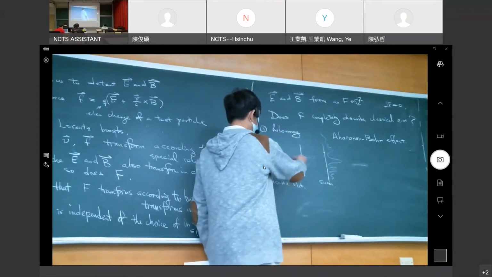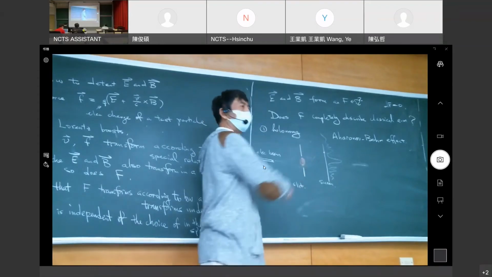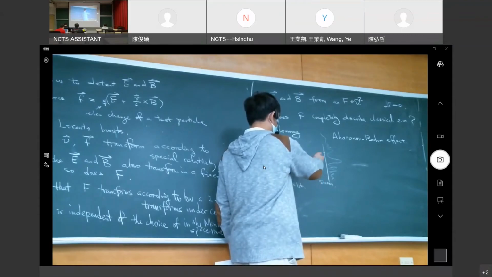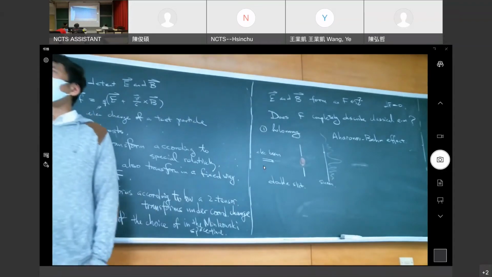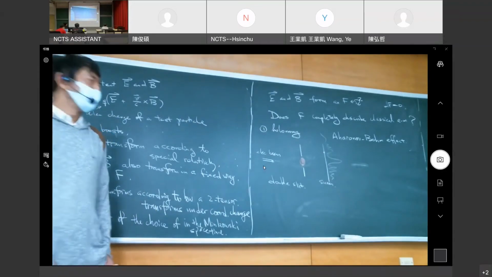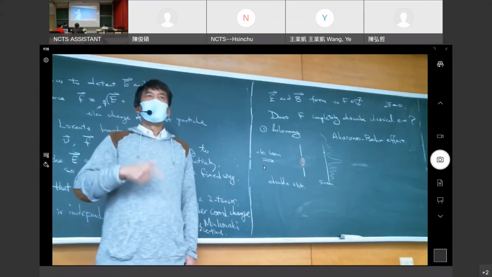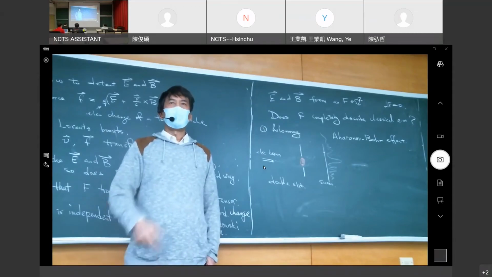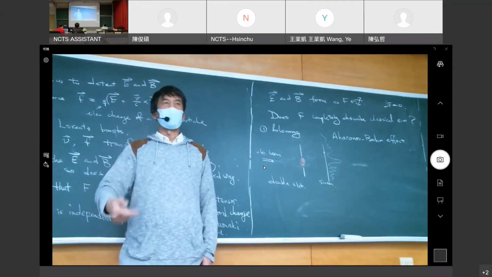originally, the electron cannot enter this region anyway because we already obstructed this part. Right? Classically, the electron can either go through this hole or that hole. But now it's the same region, except that we put a magnetic field here. Now, in the region that the electron can reach, there's no change of the region, and there's no change of the electromagnetic field.